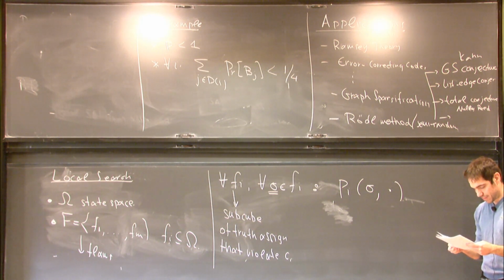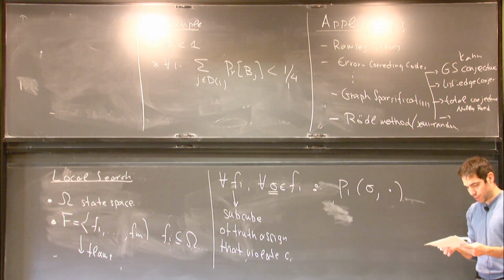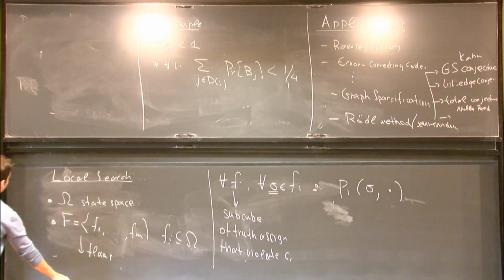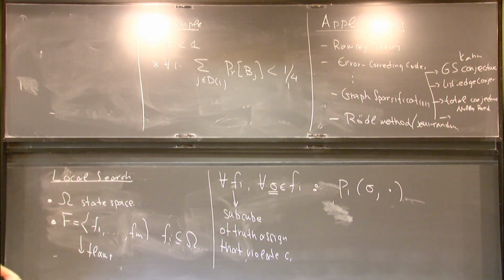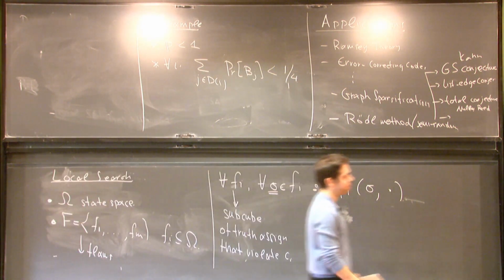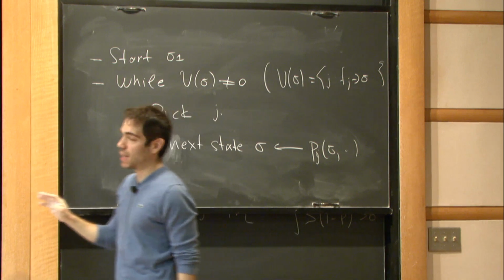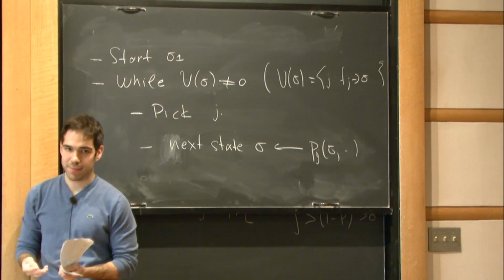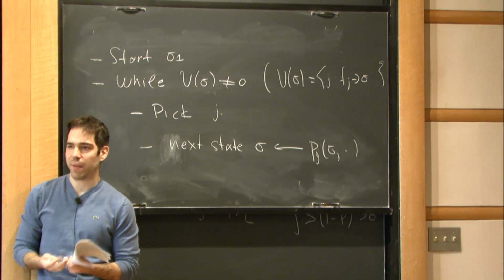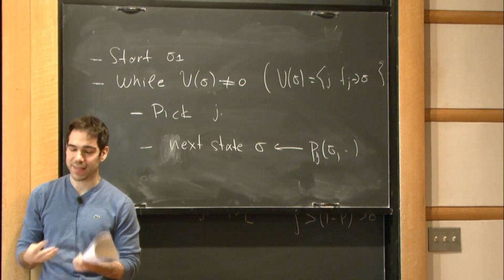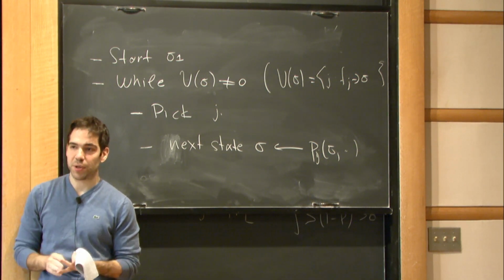So what I'm going to do next is show you an example of this entropy compression argument. This is not the way we think of the analysis of the algorithms these days, but I'm going to show it to you for 3 reasons.